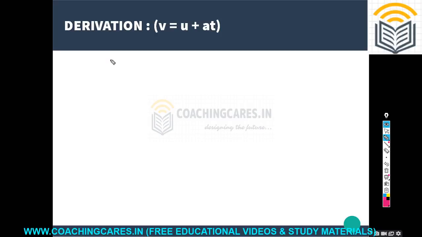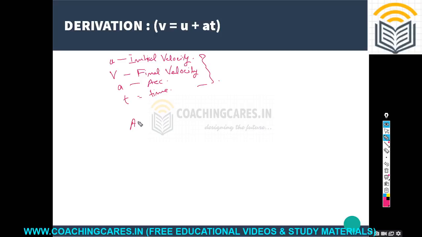Suppose u is the initial velocity, v is the final velocity, a is the acceleration, and t is the time. So let us define all these parameters.